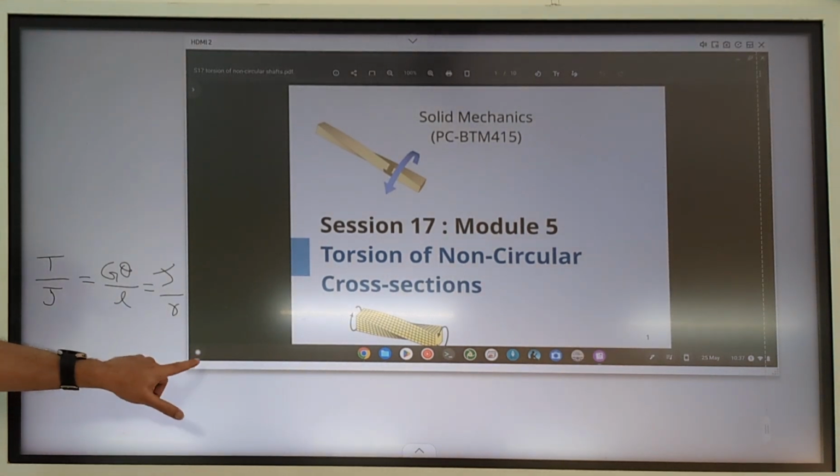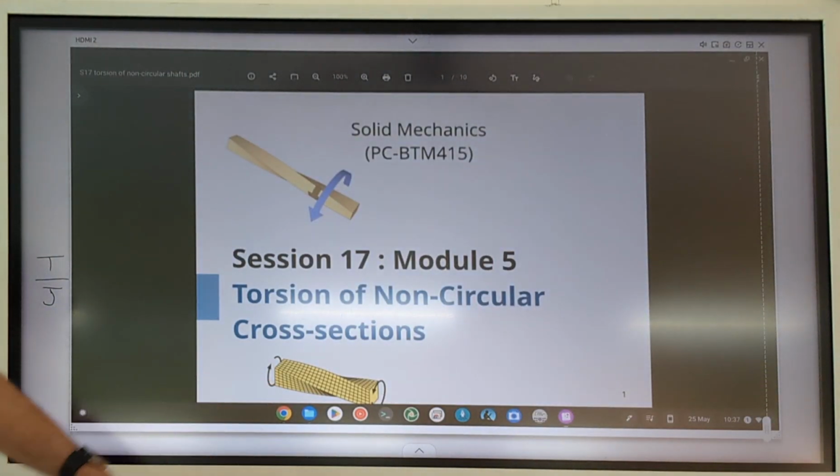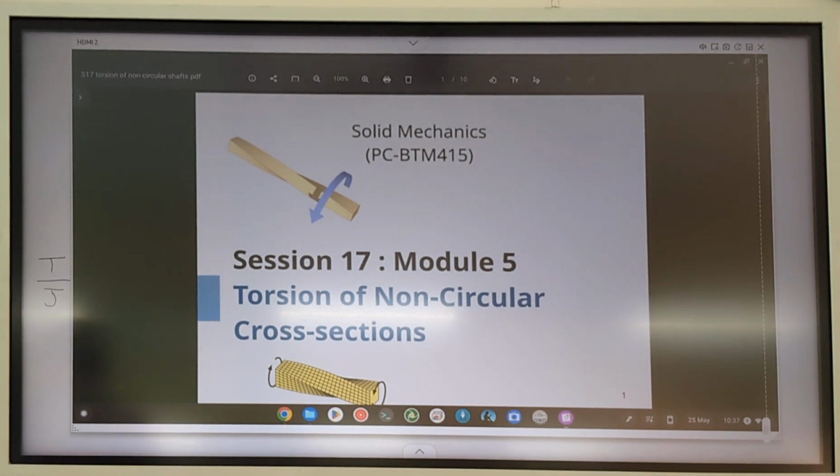So first, where do you need non-circular cross section? Anybody can think of some applications where non-circular cross section is used for torque transmission? Drill bit, okay. So drill bit has got a very odd shape. It's not circular, near circular but not circular.